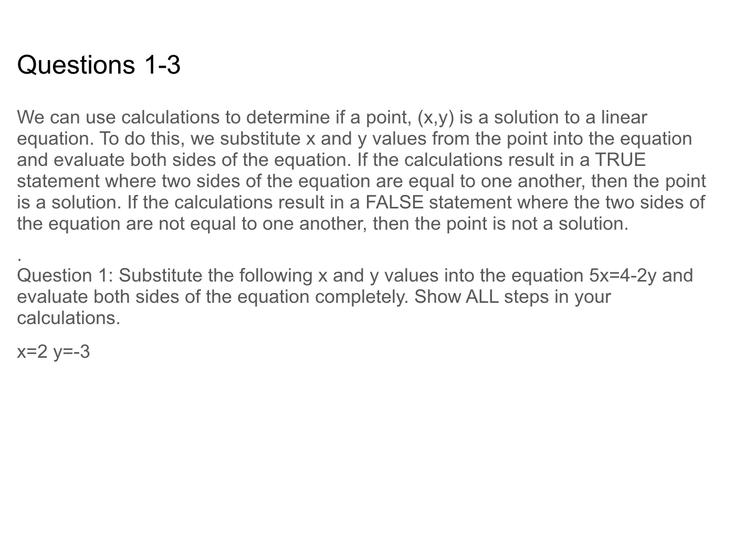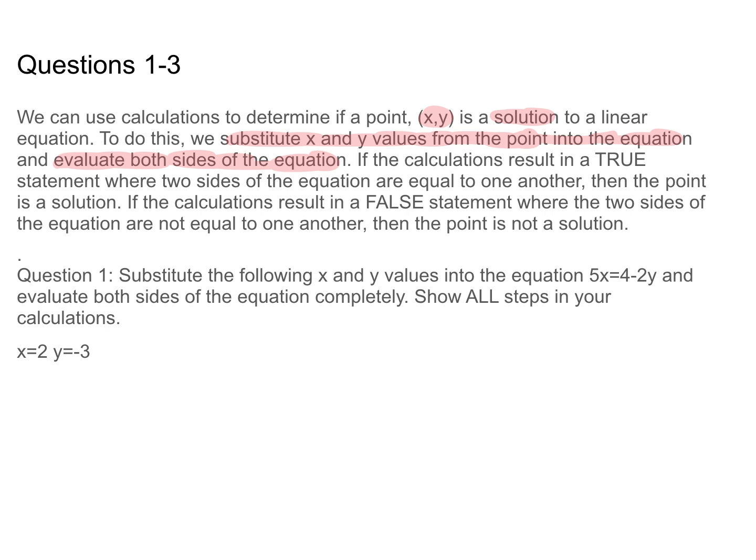All right, so the first 3 questions talk about determining if a point is a solution to a linear equation. We can actually use calculations to determine if a point x comma y is a solution to a linear equation. To do this, we substitute x and y values from the point into the equation and evaluate both sides of the equation.